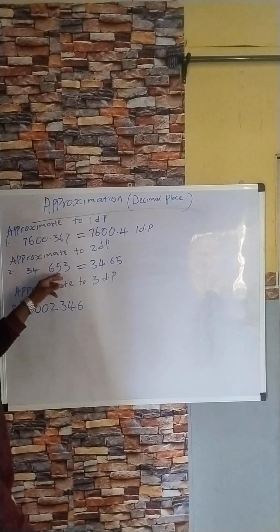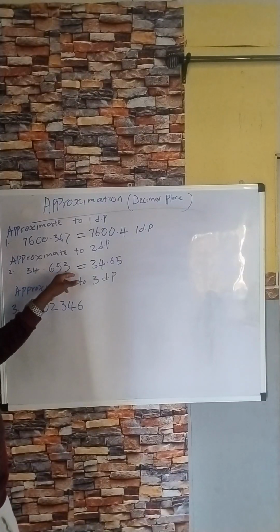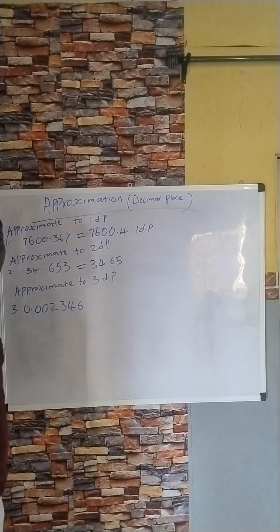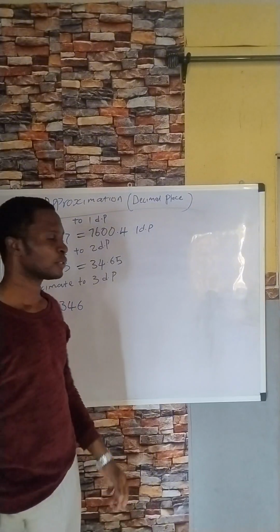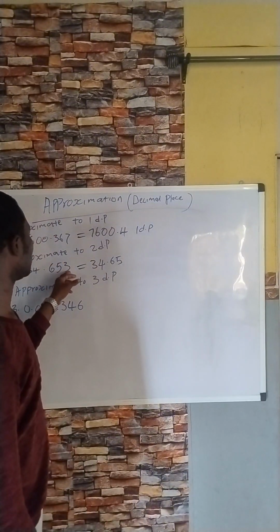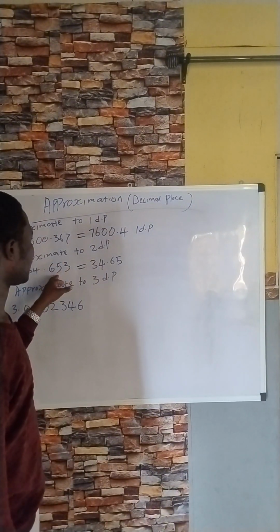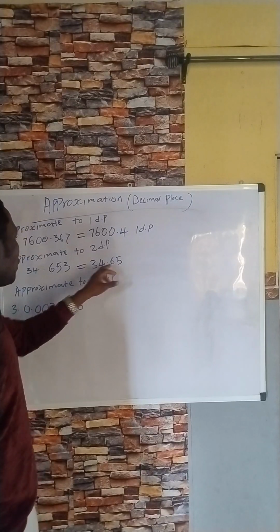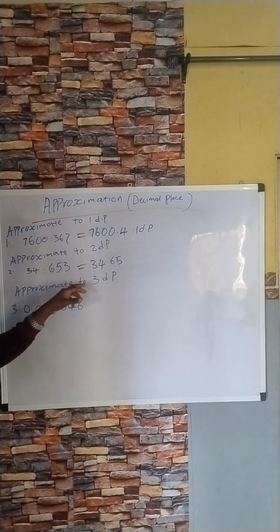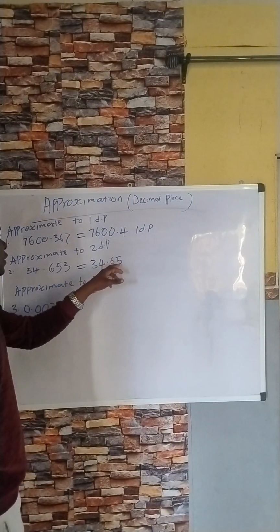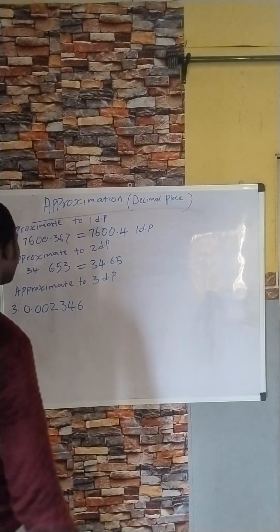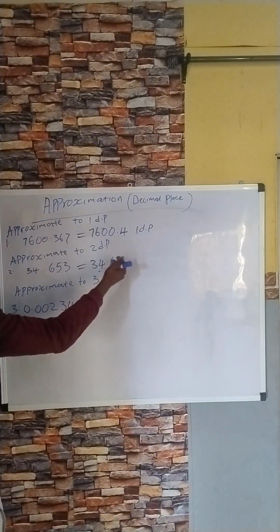The number after 5 is not up to 5, so you discard it. If it was up to 5, you round it up to 1 and add it here, and this will become 6, 6. But since it's not up to 5, you discard it, and we have 34.65. So this is the 2 decimal place.